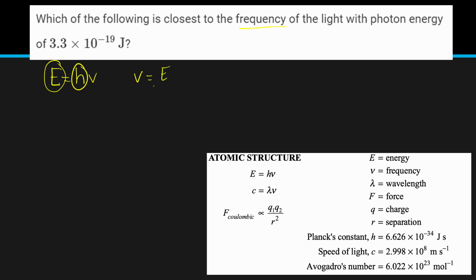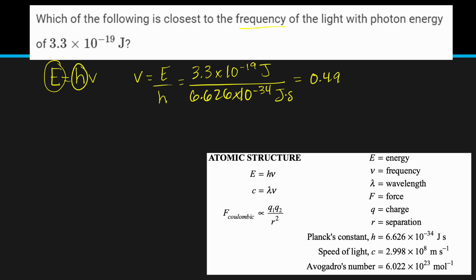So that's going to be energy divided by Planck's constant. We are given our energy at 3.3 times 10 to the negative 19th joules, and Planck's constant is 6.626 times 10 to the negative 34th joule-seconds. I don't have my fancy calculator with me, so I'm going to do this old school. 3.3 divided by 6.626 is going to give us 0.498.